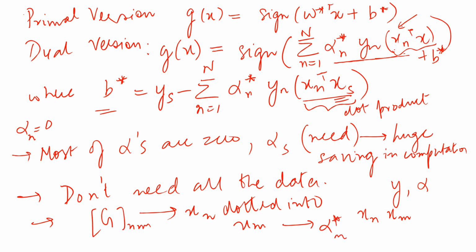In general, all we needed to solve this problem were these dot products, this nth and mth term, which is the dot product of xn and xm. So in the dual definition, we have this G n m, which is my n by n matrix of dot products.